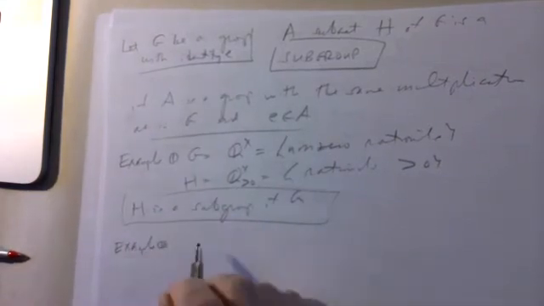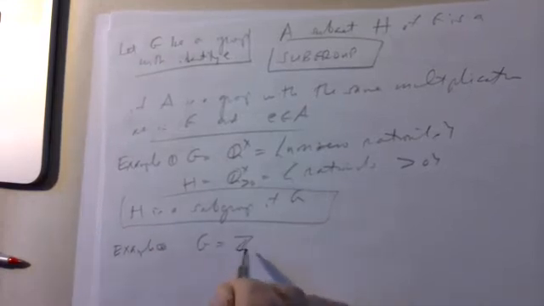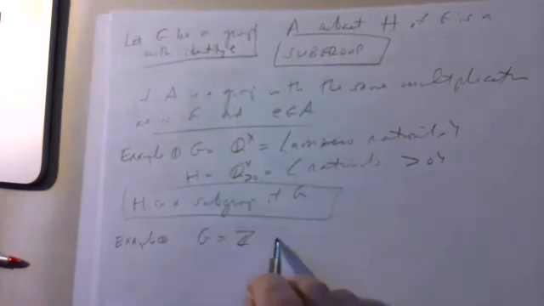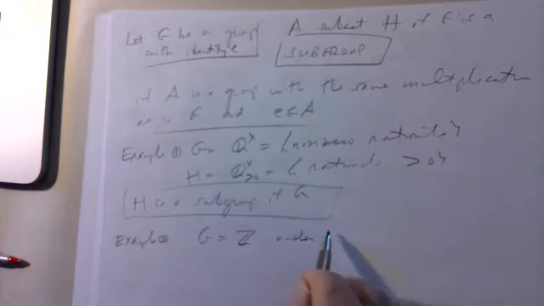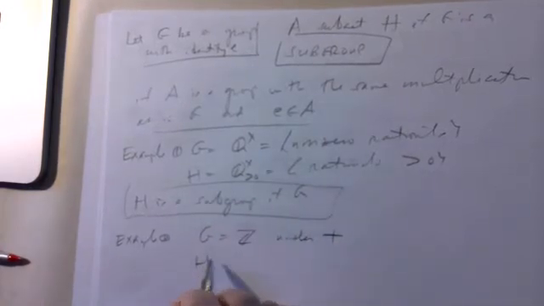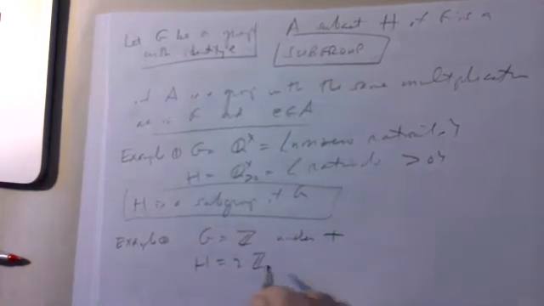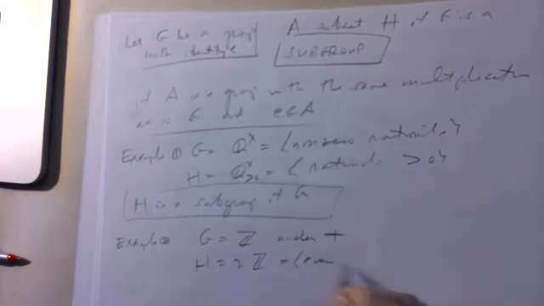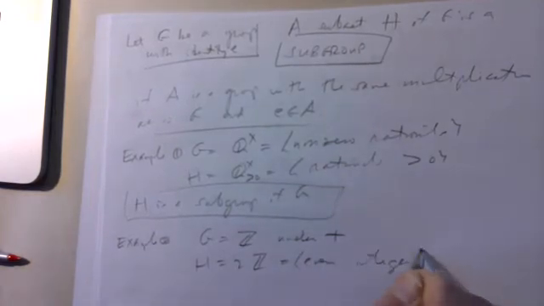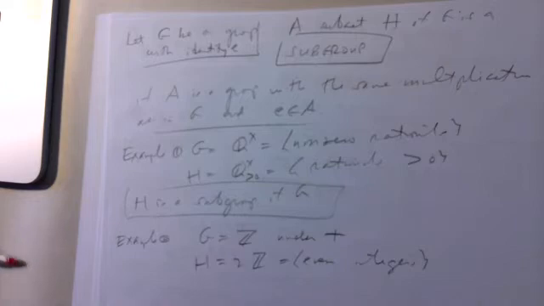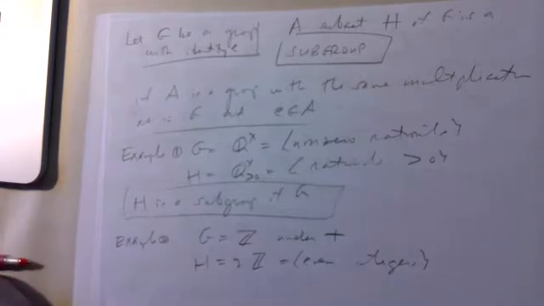Here's another example. Suppose we take G to be the integers under addition. Suppose we take H to be 2Z, which is the even integers. This is a subgroup. The identity in G is 0, and 0 is even, so it's in H. The sum of two even numbers is even.